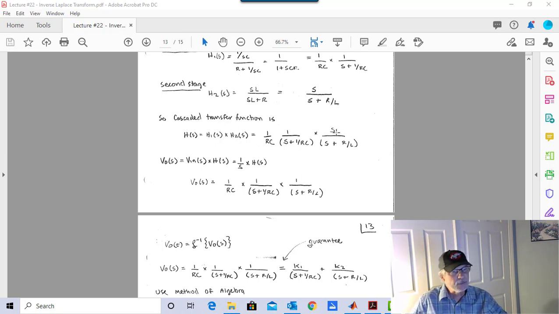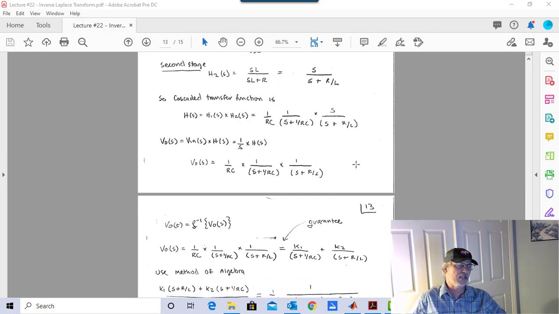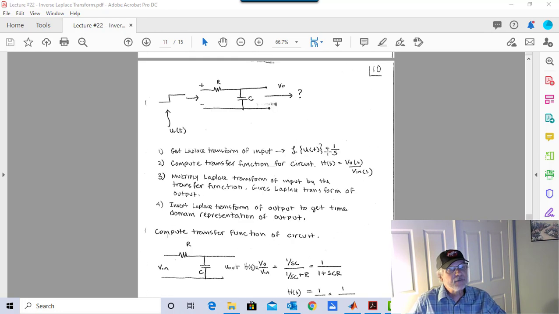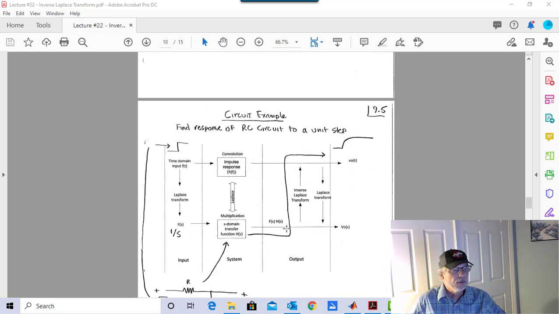We have an s up here, so that's going to cancel with our 1 over s. And here is V out of s. So from here, on our roadmap, we've got to go this way, really the subject of this lecture.